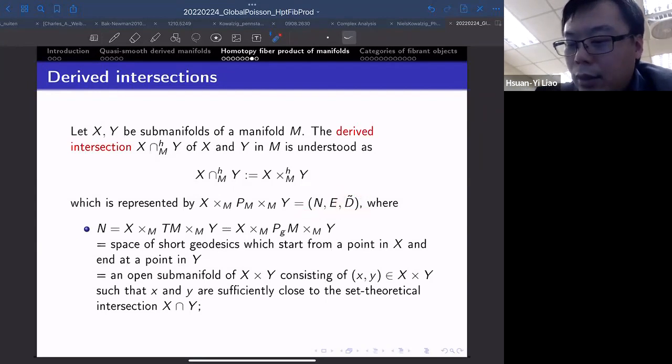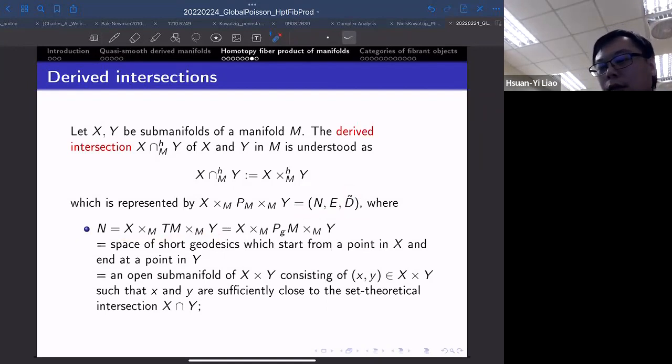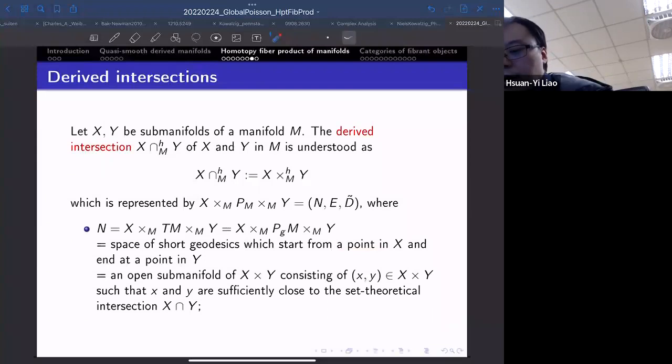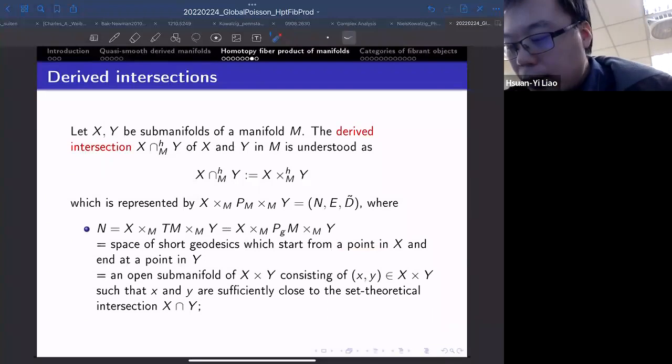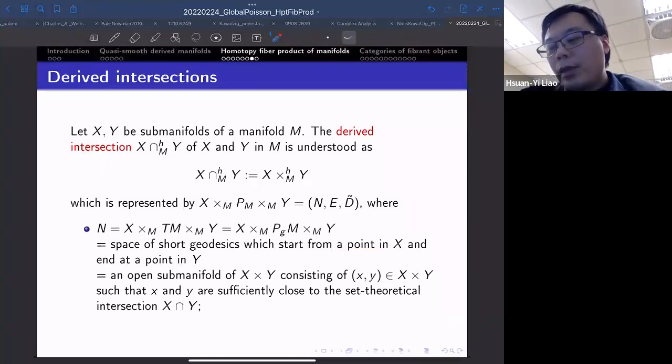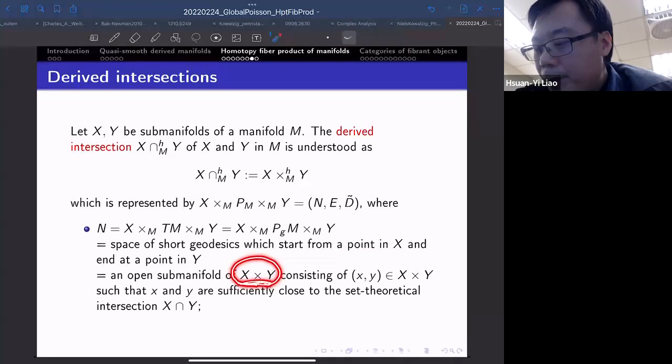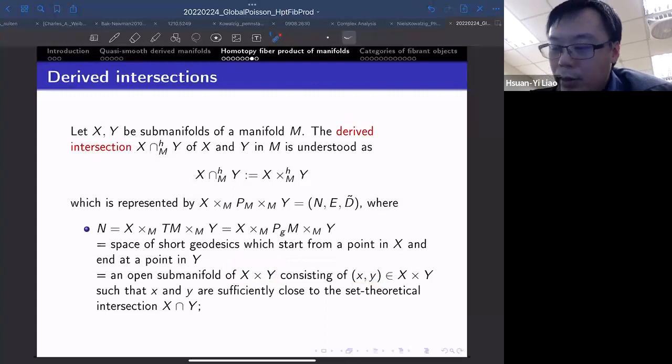And my base space is X times TM times Y. You can think of this space as the space of short geodesics which start from a point in X and end at a point in Y. So it is the short geodesics from X to Y. And this space can be considered as an open submanifold of the direct product, consisting of the pairs of points which are sufficiently close to the set theoretical intersection.